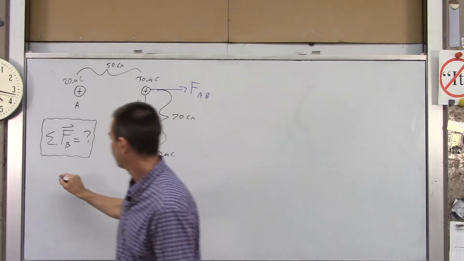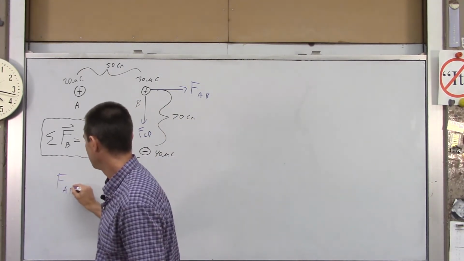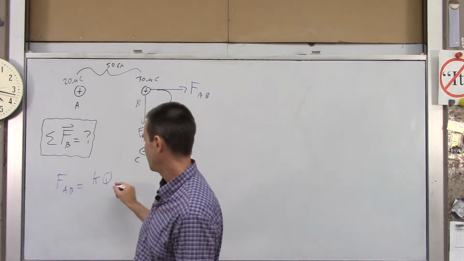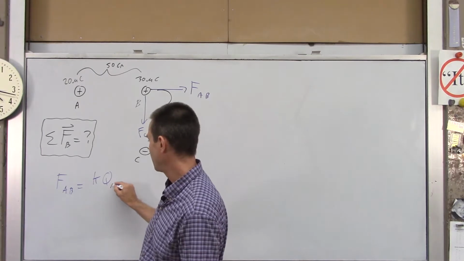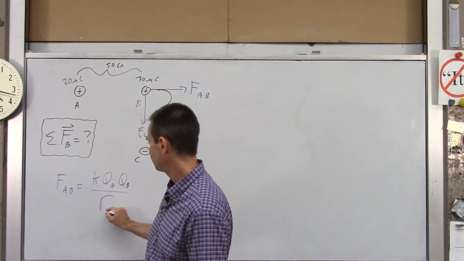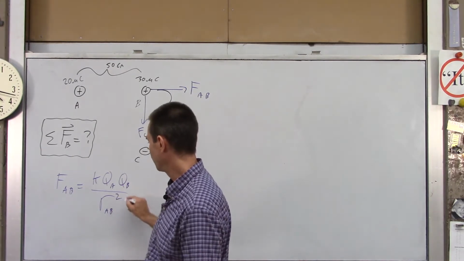So we'll do the force of A on B, and we're going to use Coulomb's law: F equals k Q1, which is QA in this case, times QB, over the distance from A to B squared.